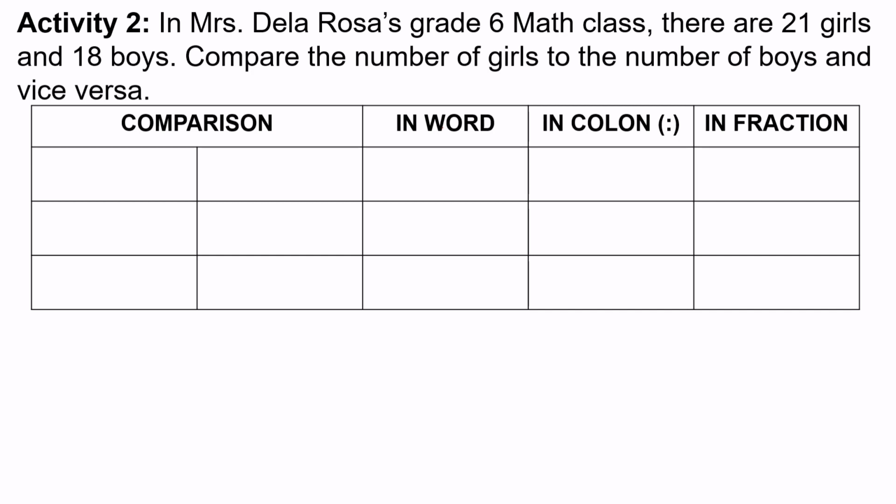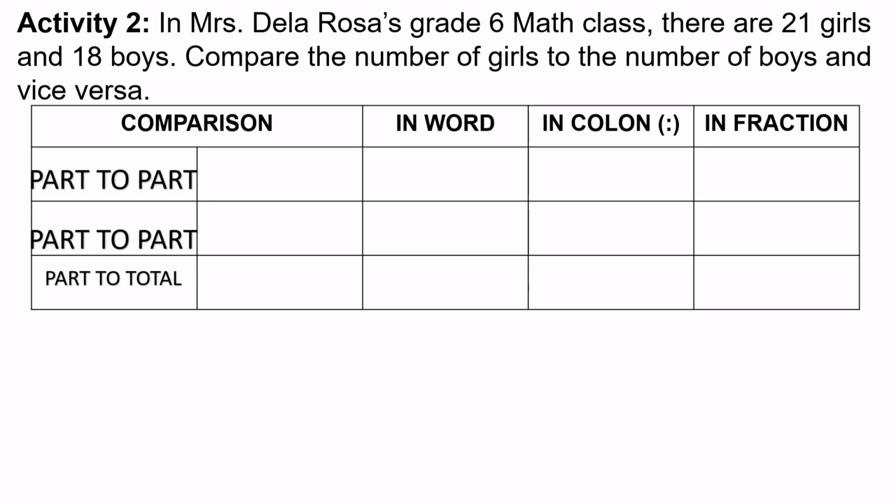So, ang una nating i-compare ay yung number of girls to the number of boys. So, ito ay part to part. Susunod nating i-compare is part to part also, which is boys to girls. Since sabi dito ay vice versa. And itry din natin i-compare ang part to total.